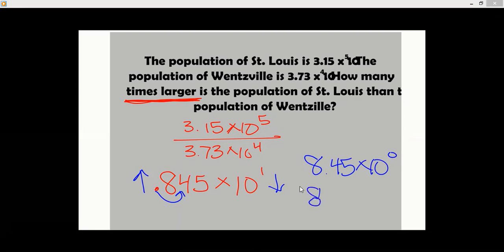Then how are you going to write this one in scientific notation? 8.45, and that's it, because 10 to the power of 0 means 1. Then it will be 8.45 times larger in St. Louis than the population of Wentzville.